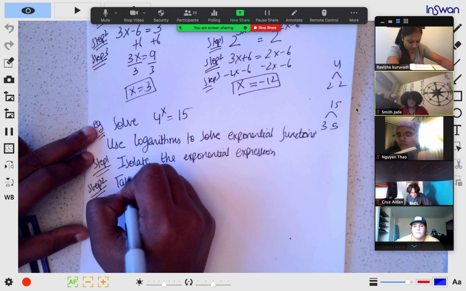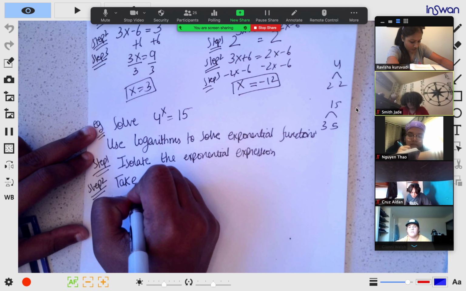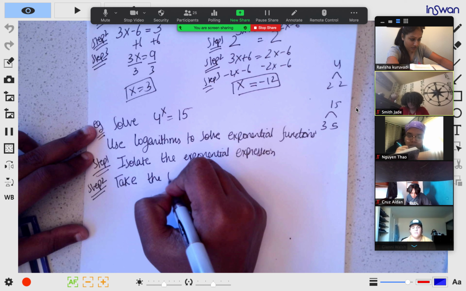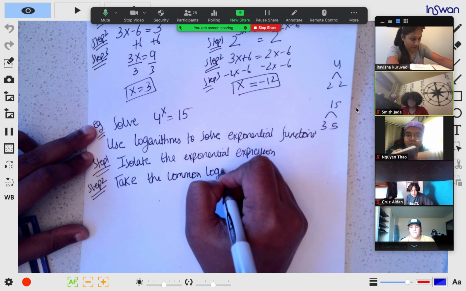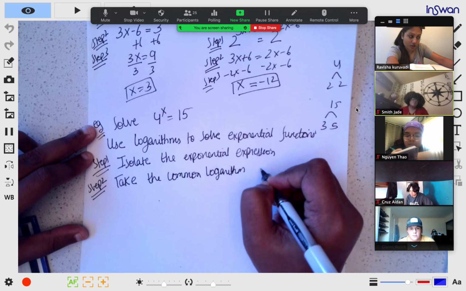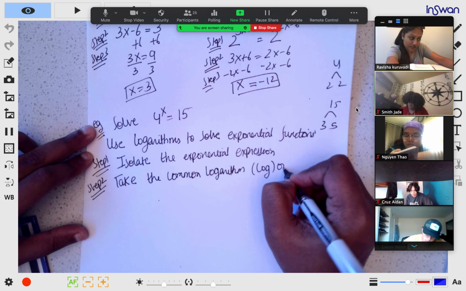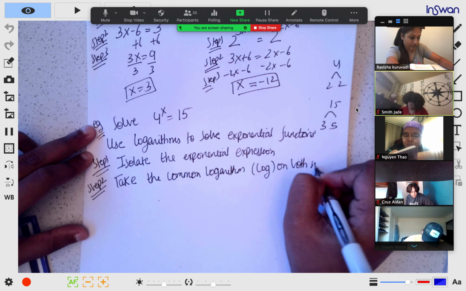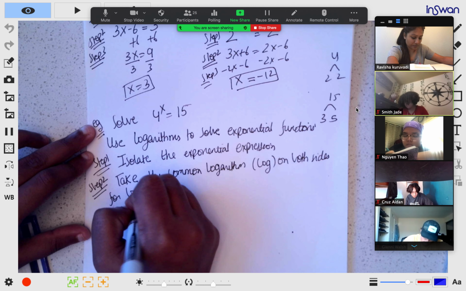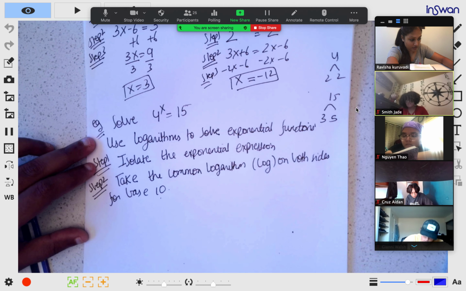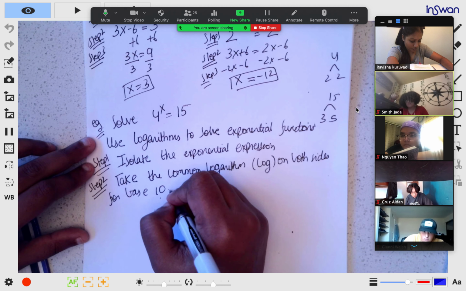take the common logarithm. Basically they mean just taking log on both sides for base 10. But you have to make a note here.